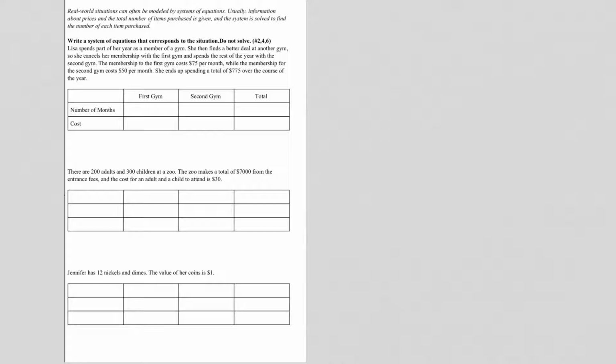Let's say for the first gym we've got X, and for the second gym we've got Y. And X and Y represent the number of months of membership, X for Gym 1, and Y is the same thing, number of months of membership, Gym 2.